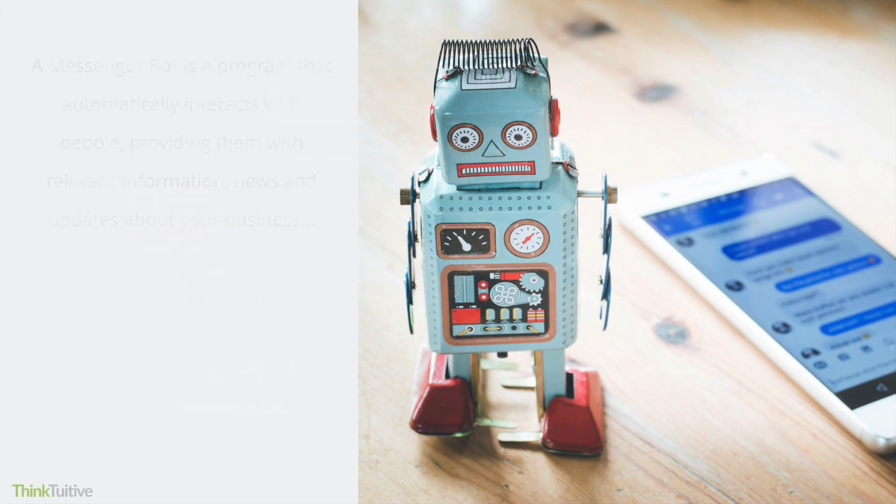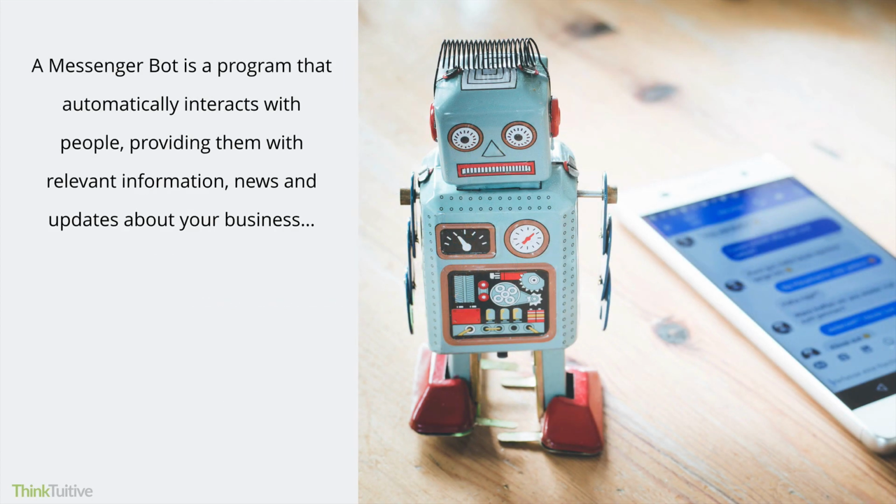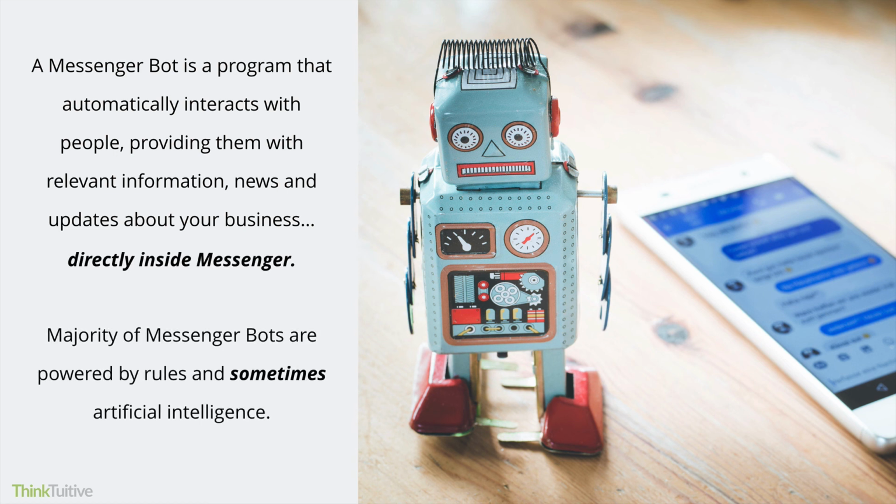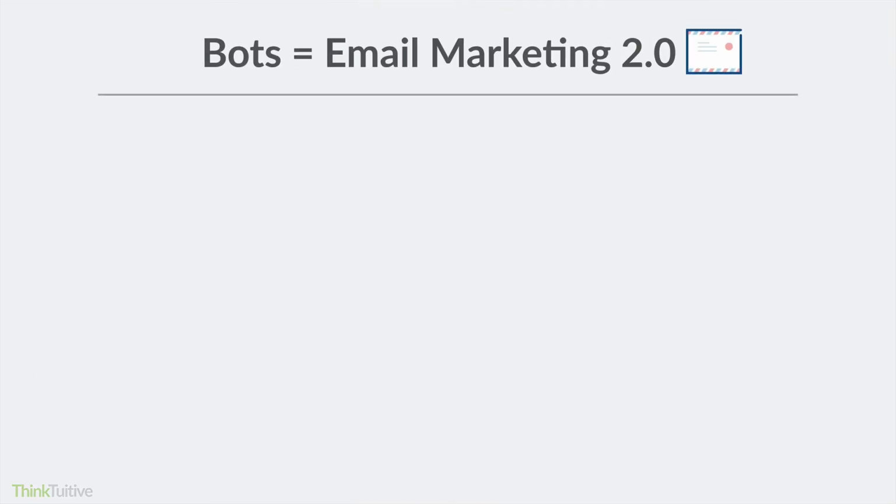As you can see, a messenger bot is simply a program that automatically interacts with people, providing them with relevant information, news, and updates about your business directly inside Messenger. The majority of messenger bots are powered by rules and sometimes artificial intelligence, something we'll talk about later in this lesson.